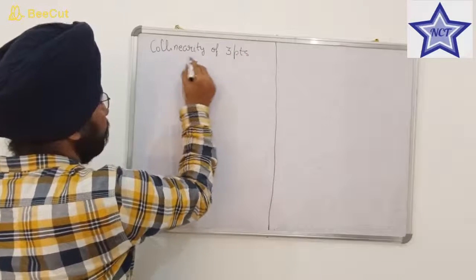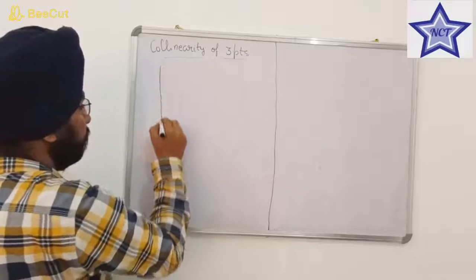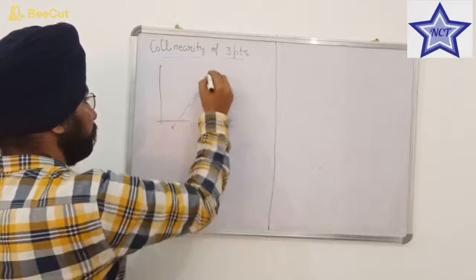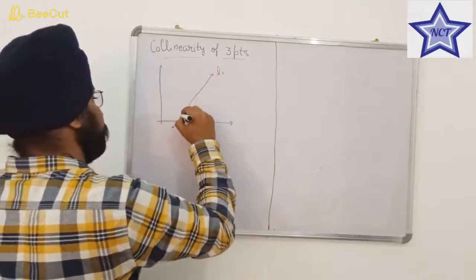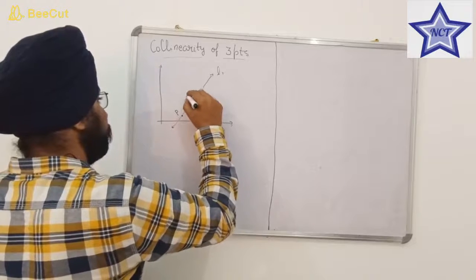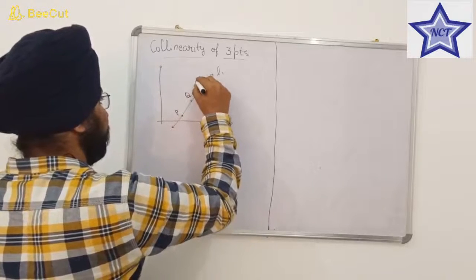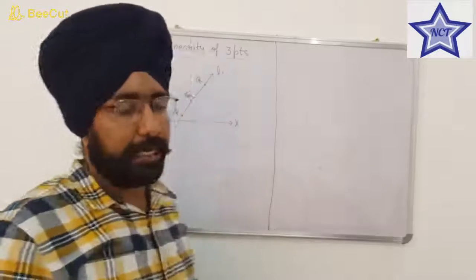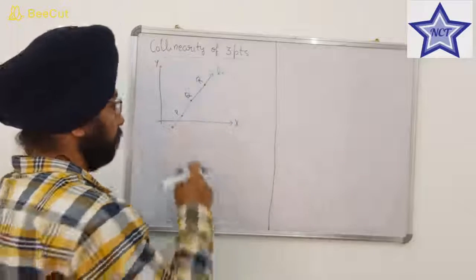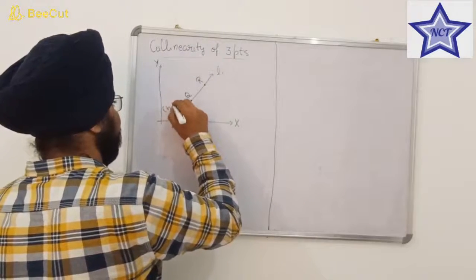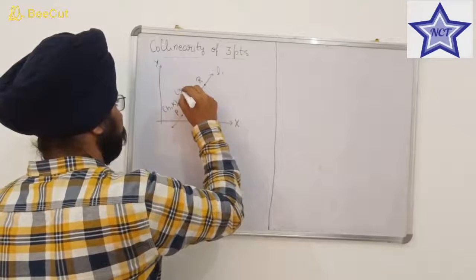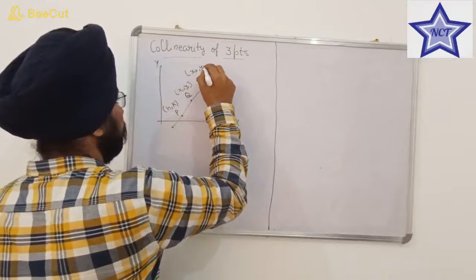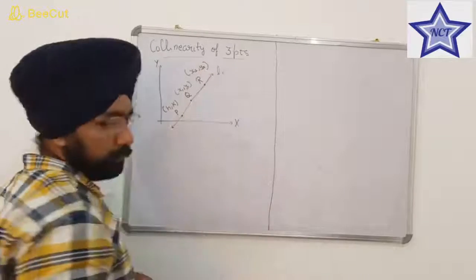Say a line is given, and 3 points P, Q and R are given on the line such that the coordinates of point P are (h, k), Q is (x1, y1), R is (x2, y2).